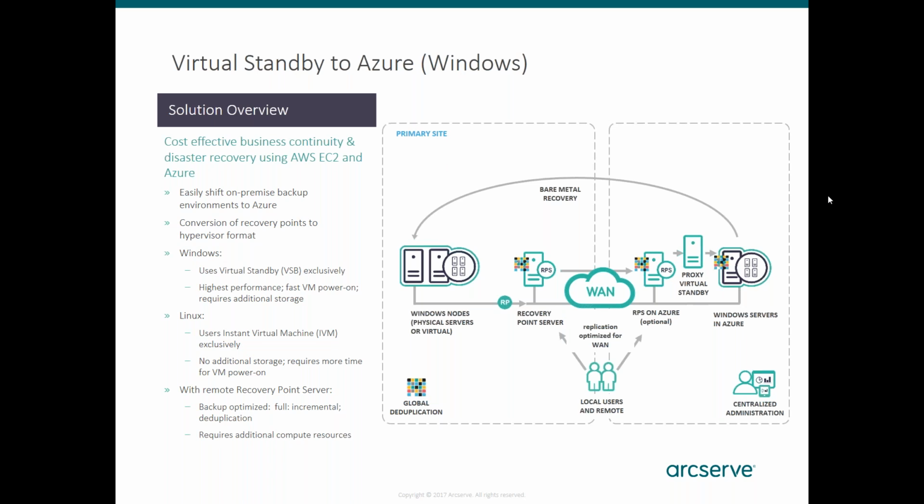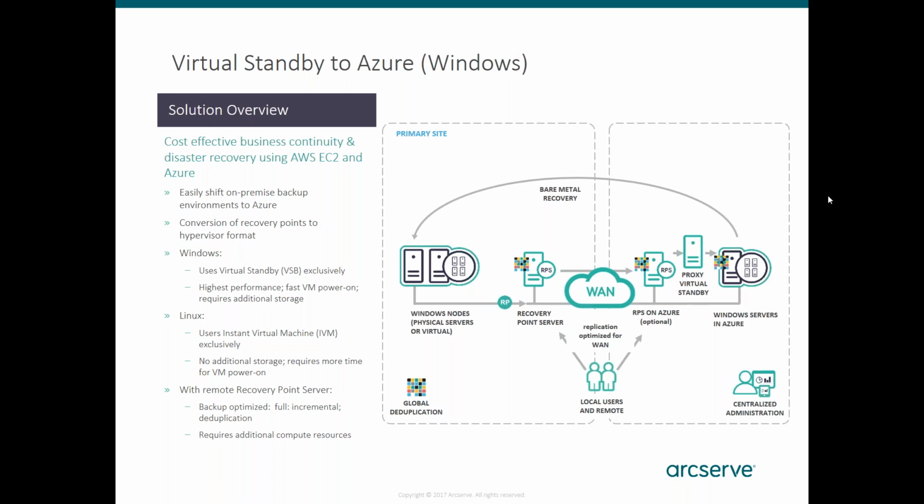And again, this allows you to spin up a VM quickly, but this time we're not creating a full clone ahead of time, which is what Virtual Standby does. Virtual Standby will actually create the Azure volumes whilst your backups are replicating, but the compute will only be powered on when you invoke Virtual Standby from the console. Whereas with Instant VM, you're doing it all on demand, spinning up the Linux server straight from the backup storage into Azure.